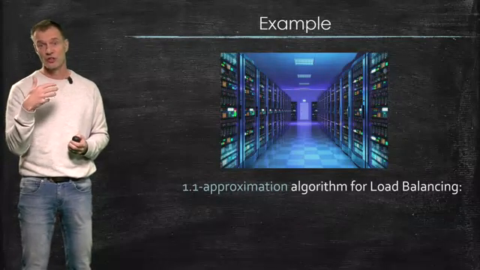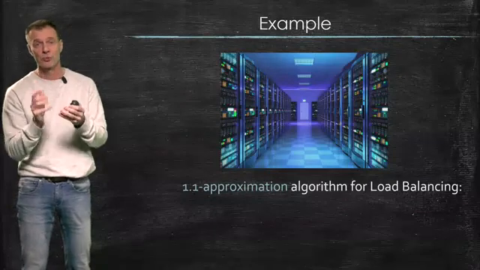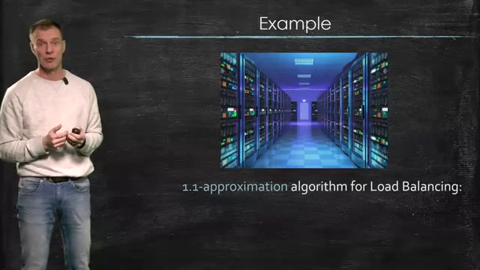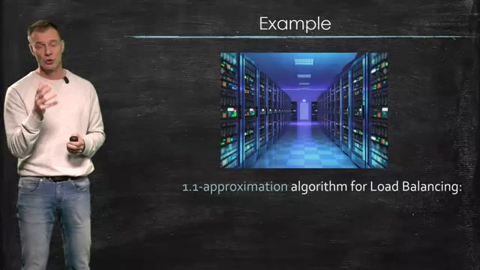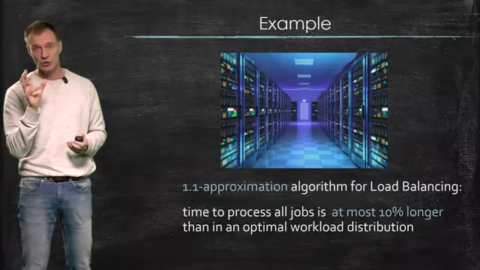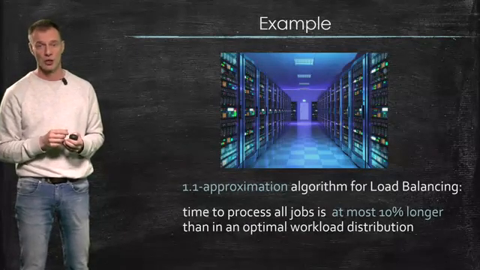If we had, instead of a 2 approximation, a 1.1 approximation, this would be even better, because now the total time it takes is at most 10% more than the optimal solution.